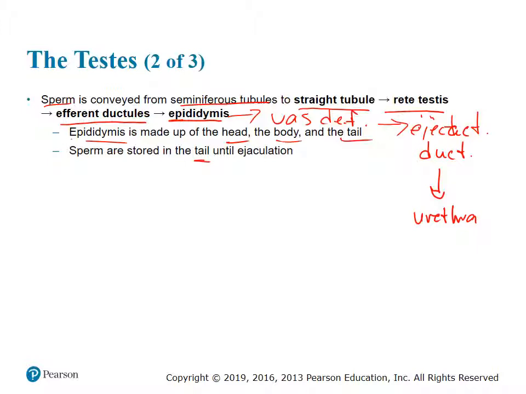And so these sections of the epididymis allow the sperm to mature over time. We'll look at the time frame there as well. And then the tail is really for storage of sperm. And these are mature sperm. So mature sperm are stored in the tail until ejaculation, right?